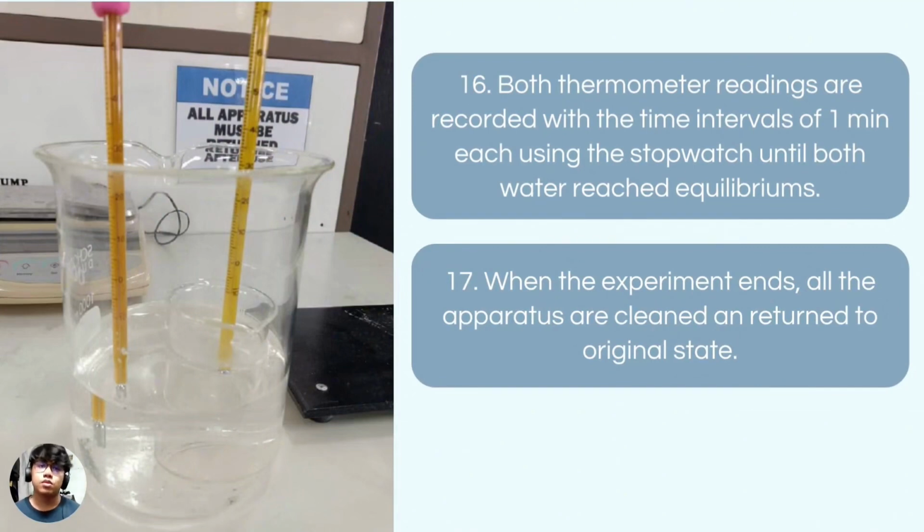For step 16, both thermometer readings are recorded at time intervals of 1 minute each using the stopwatch until both waters reach equilibrium. Step 17, when the experiment ends, all the apparatus are cleaned and returned to their original state.